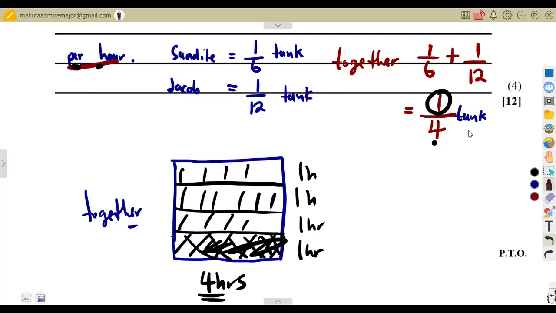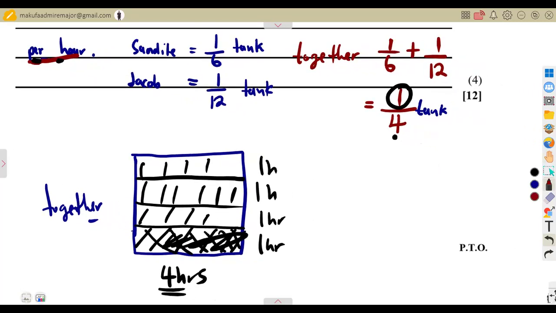So if you understand this, you can also take it as a proportion to say, in an hour, they are filling 1 out of 4 parts. The full tank has got 4 parts.